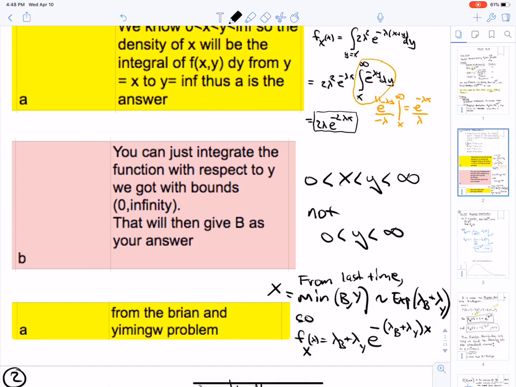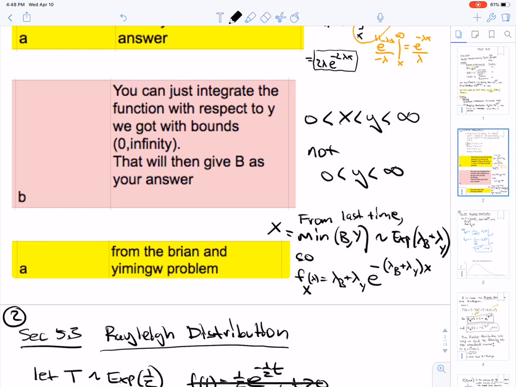Another student gets the limits of integration wrong and just integrates from 0 to infinity. That would be wrong. One student, without too much explanation, says from the Brian and Ye-Ming problem, but that's a good idea because X is the min of Brian and Ye-Ming, and we showed that X is exponential lambda b plus lambda y.